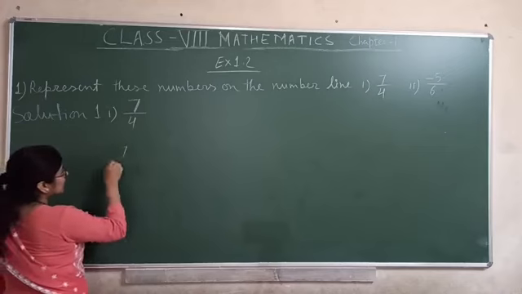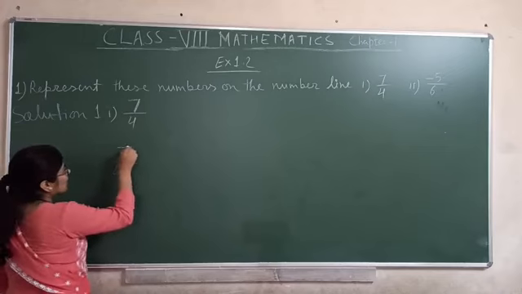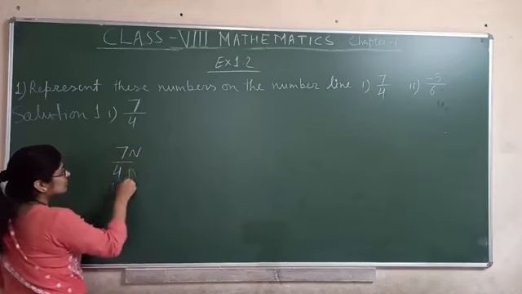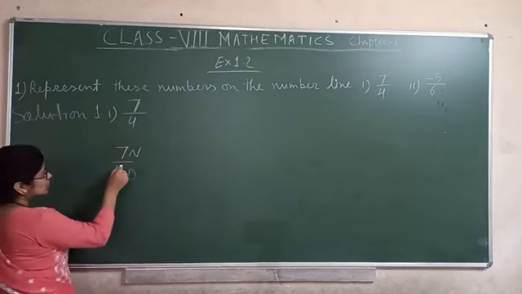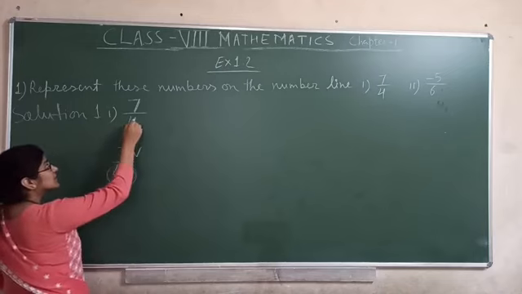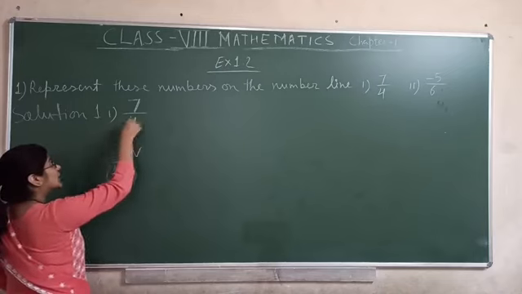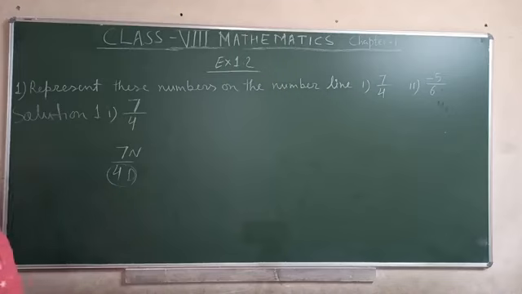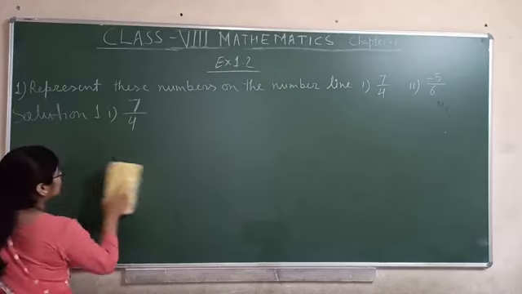You are looking 7 by 4, upper one called numerator, lower one called denominator. So denominator is smaller than numerator. It means this is an improper fraction. If you talk in terms of fraction, it is improper fraction.